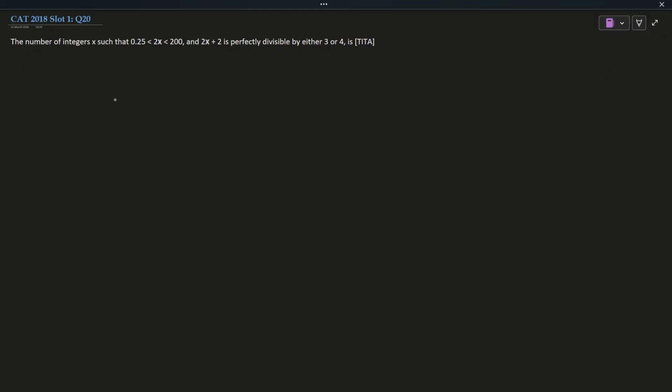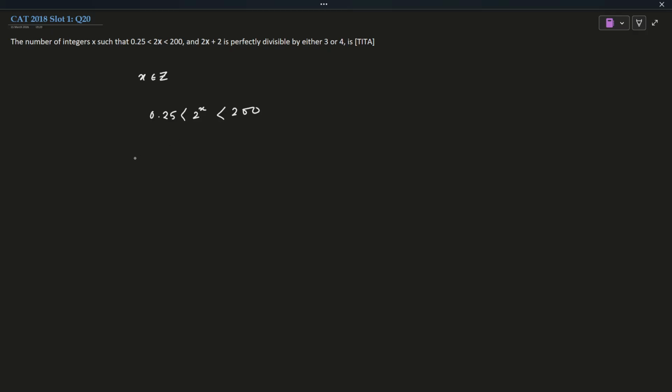Next question is the number of integers x. So x belongs to Z. Z is used to represent the set of integers. We are told that 0.25 is less than, I think this will be 2 to the power of x, not 2x.